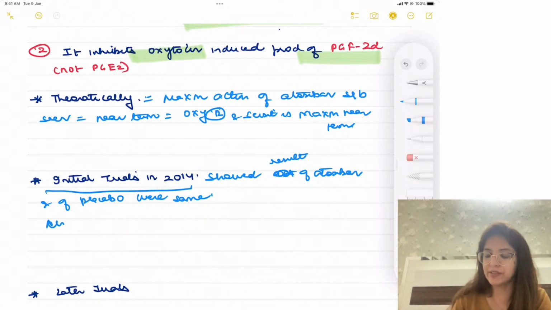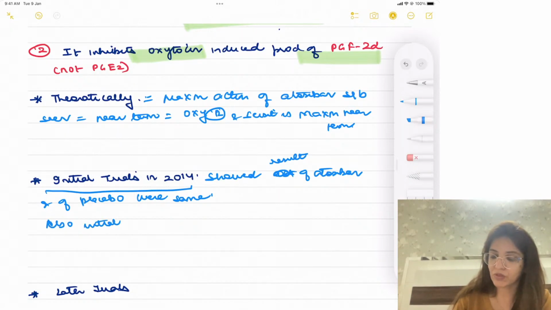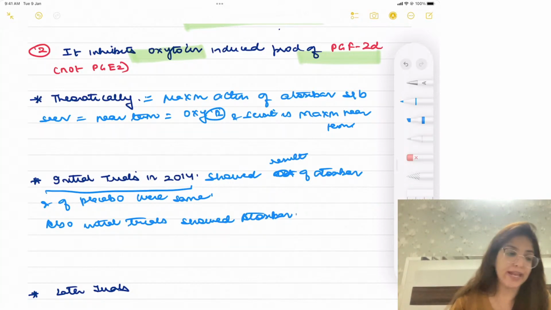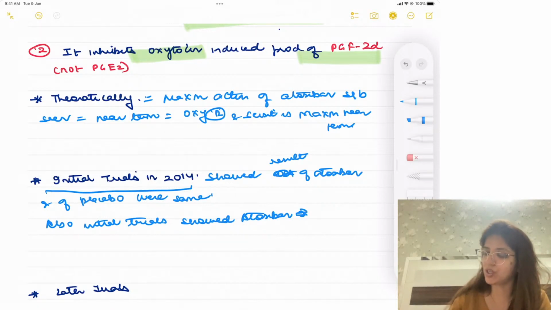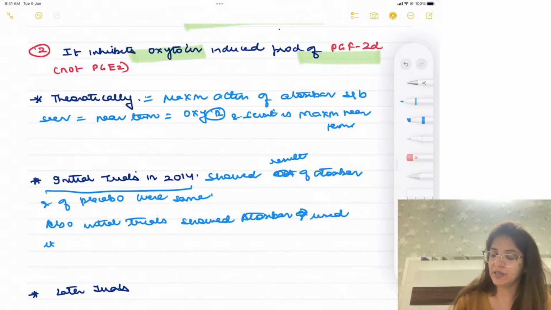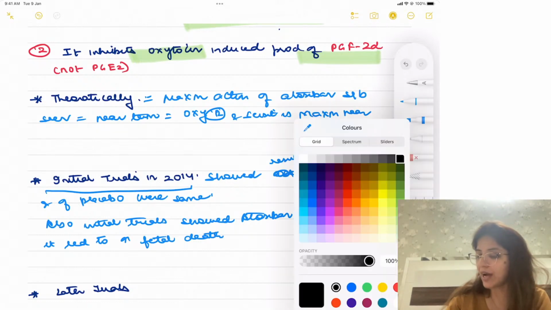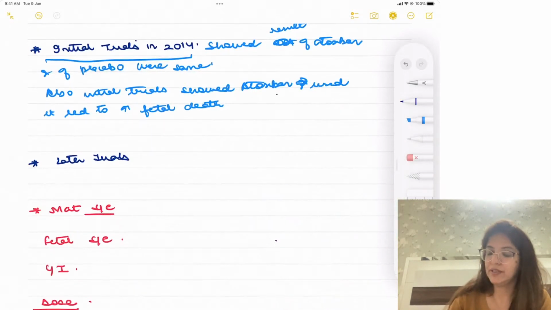Also, initial trials showed that atosiban had fetal side effects; it led to increased chances of fetal death. But later trials did not support this.